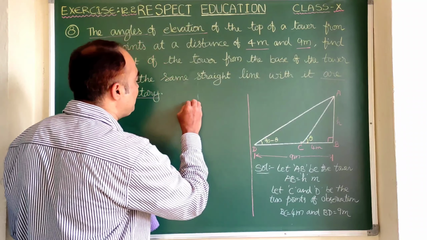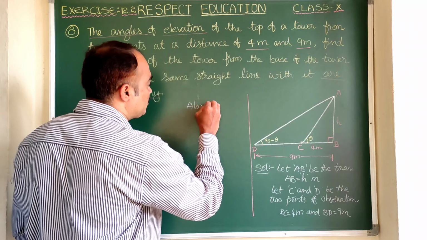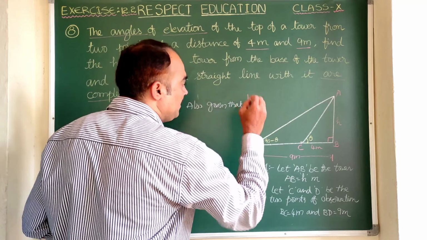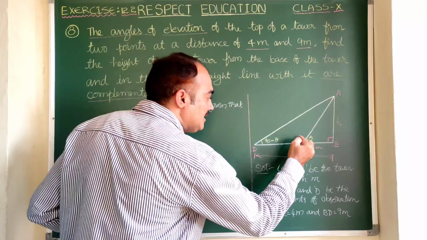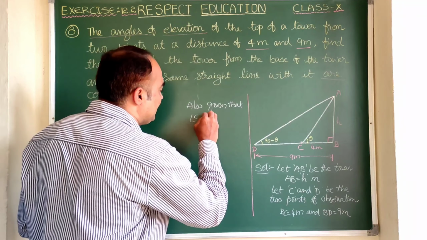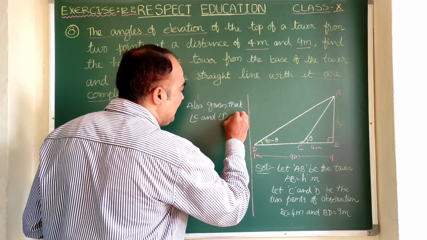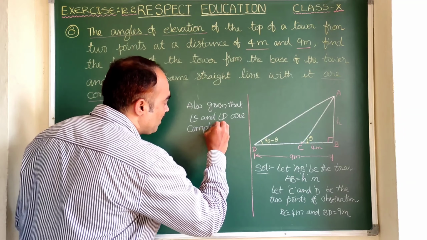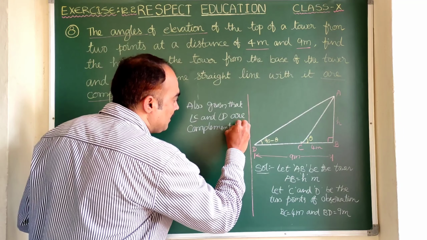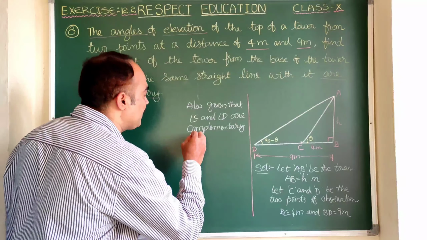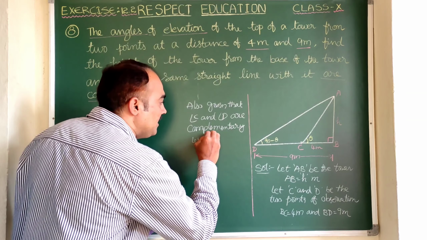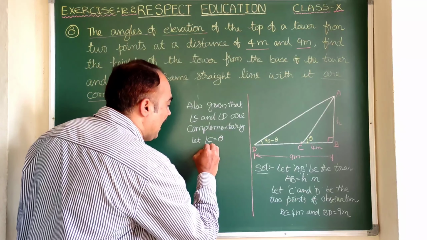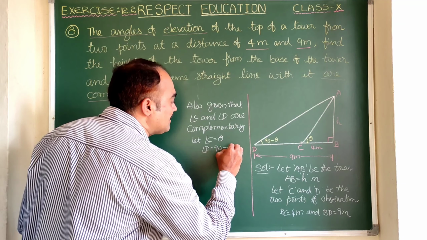Let us mention the point. Also given that angle C and angle D are complementary. The meaning is that if you take angle C as theta, then angle D will be 90 minus theta.